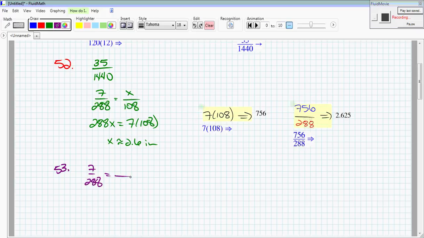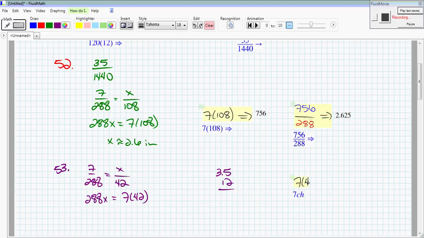Again, we need to convert 3.5 feet to inches. So when we multiply 3.5 times 12, 3 times 12 is 36, plus 6 is 42. So this is going to be 42. Again, we're looking for the diameter of the handle of the bat. So again, we cross multiply, and then we solve.